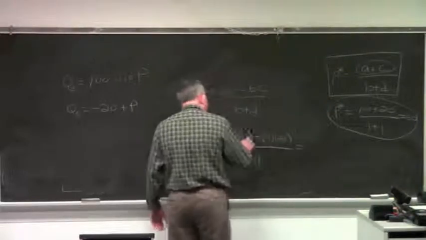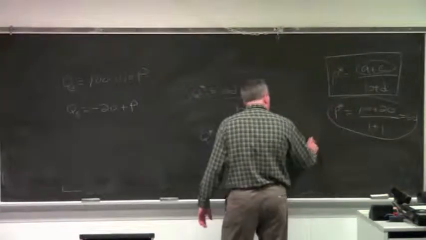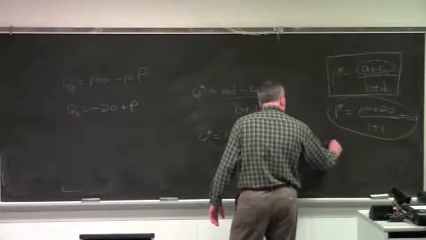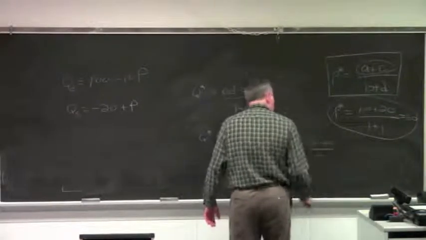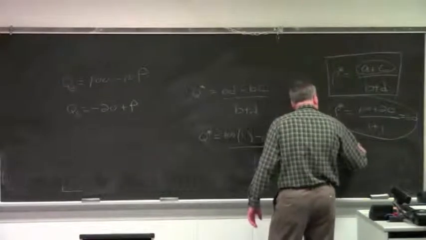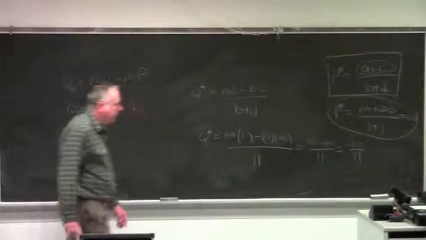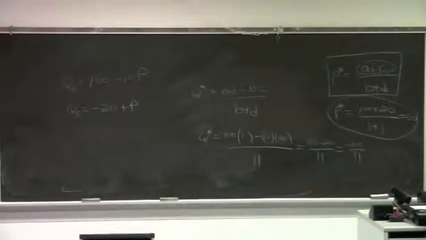So you do this math, you get 100 minus 200 over 11, which is minus 100 over 11. So that would be about minus 9.9 something. So you actually would get a negative quantity in this case.